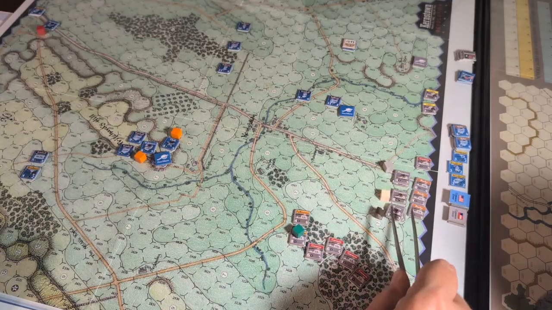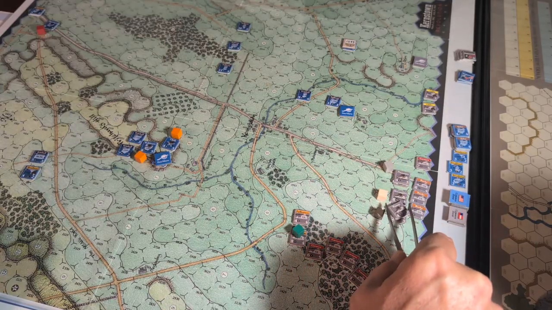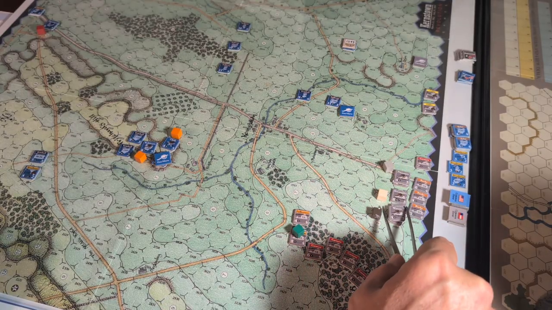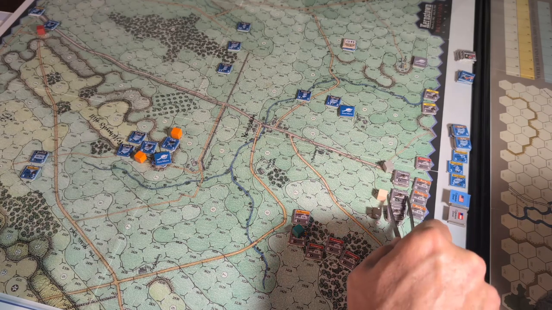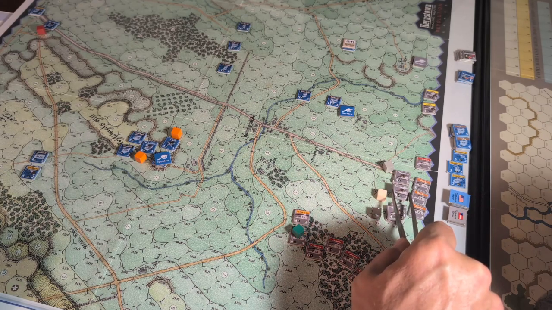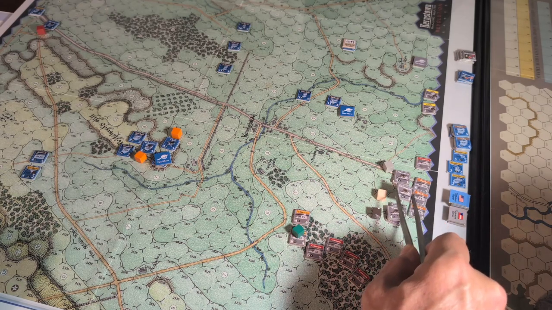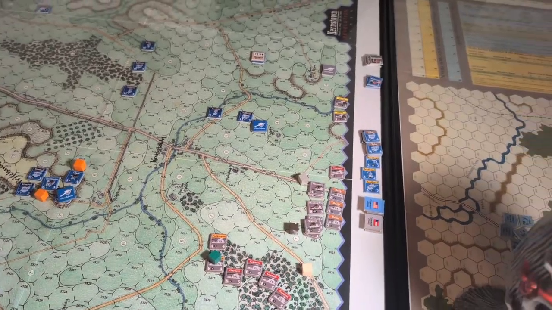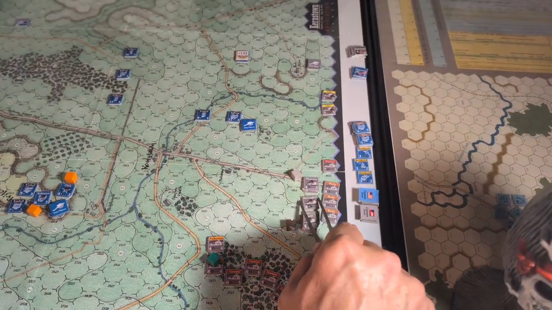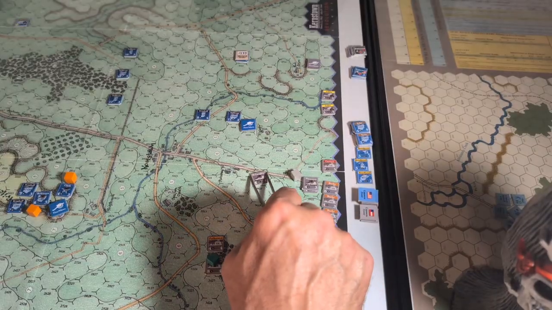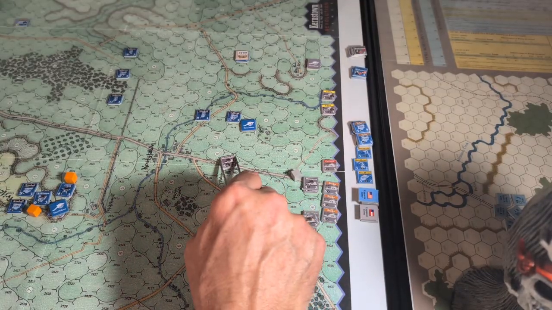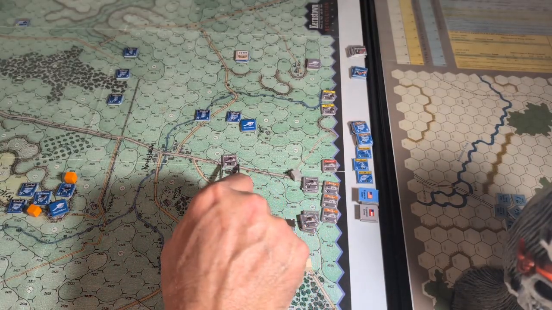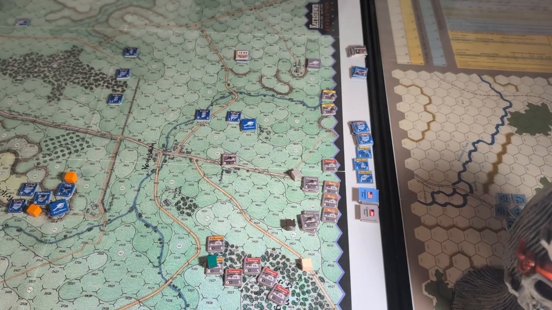And this gun's already fired, so all right, so we're going to go 1, 2, 3, 4, 5, 6 right there.